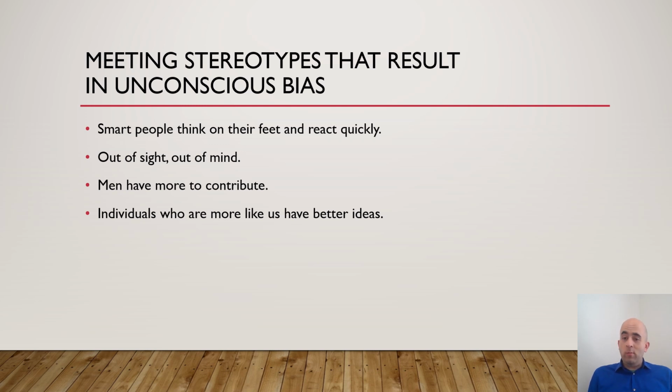One of the things I really want you guys to do with this list of stereotypes is write them down and keep them in mind as we go through some of the ideas, some of the concepts of really running a successful meeting and running a meeting that is inclusive. Because you may see in some of these ideas that they help combat some of this.